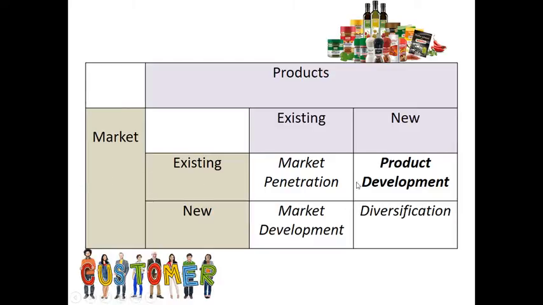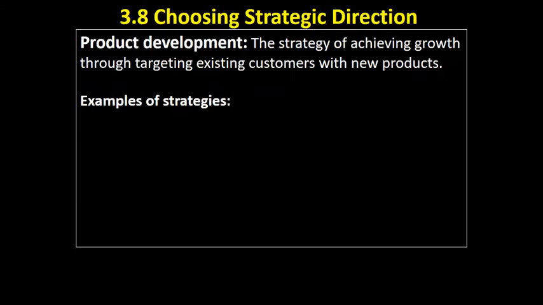Equally, with new product development, new products are very expensive to develop, and there's no guarantee that it will work, even though you already have an existing relationship with these customers. So it's all about risk in Ansoff's matrix.